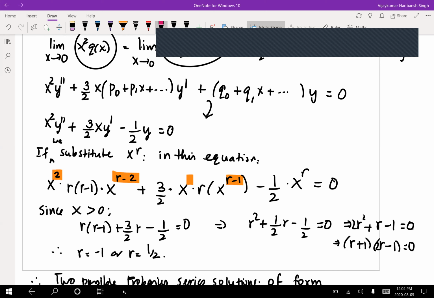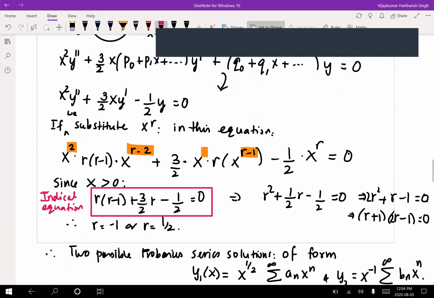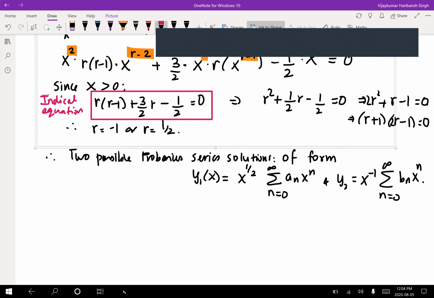It's not a characteristic equation, but it's called the Indical equation. So the strategy is straightforward. What you do is you first find the Indical solution, and that gives you how the corresponding Frobenius solution will look like. Okay.